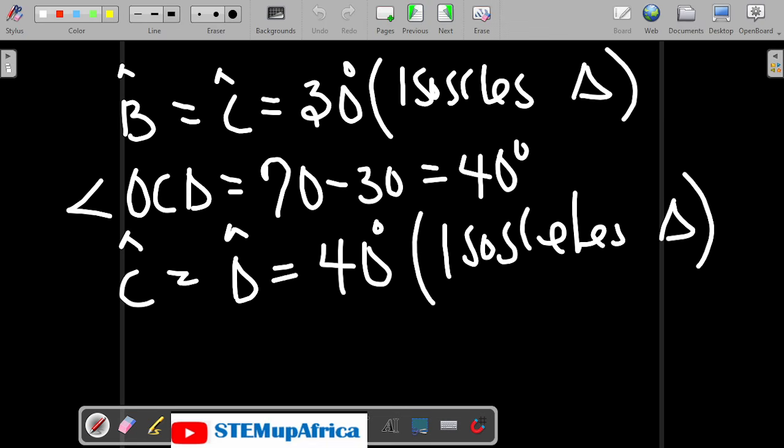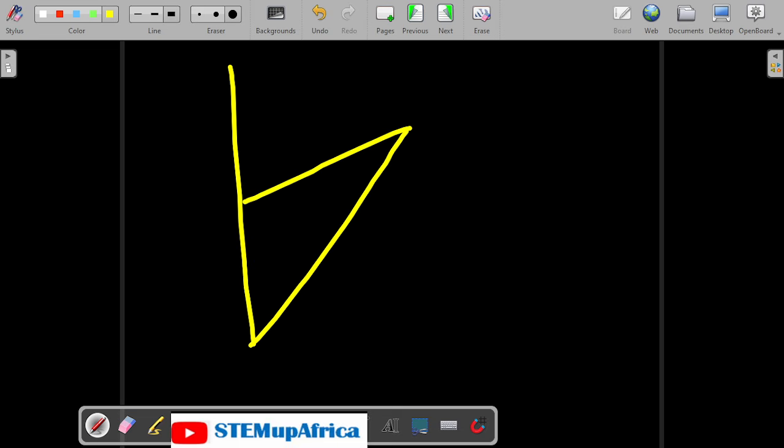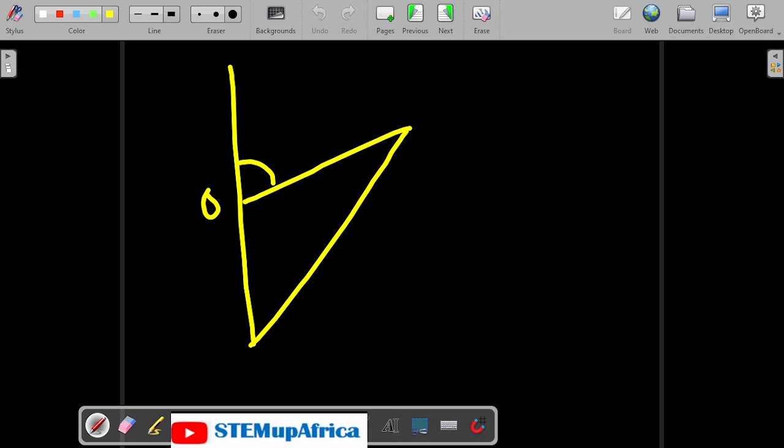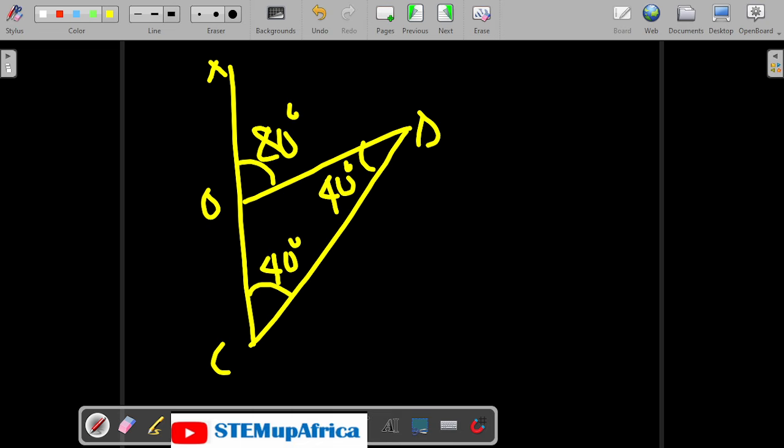So this is angle O, and I'm looking for this angle. I have C, D, O, and A. Here is 40 degrees and here is 40 degrees, so here will be 80 degrees.